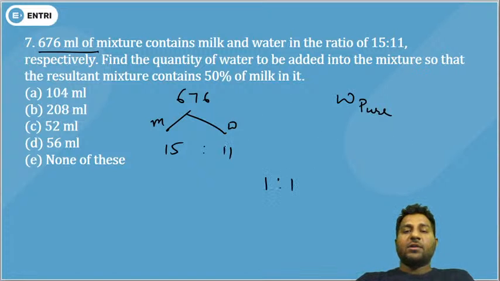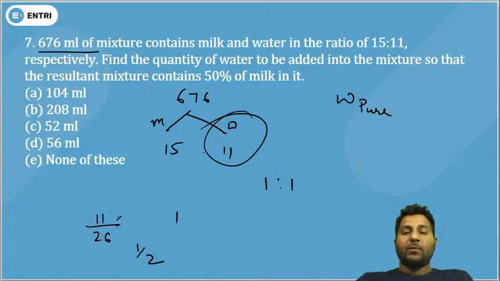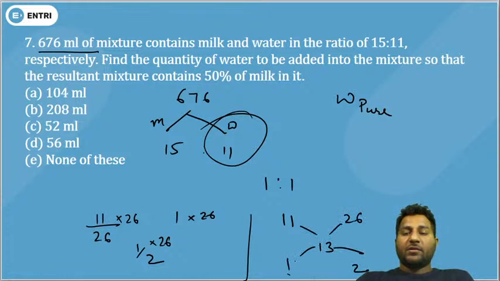So let's take out the water quantity 11 by 26, 1 by 2. So multiply with 26. That means our ratio will become 11, 26 and 13. Let's find out the ratio. 13 ratio 2, and we know that this 13 ratio belongs to which value?